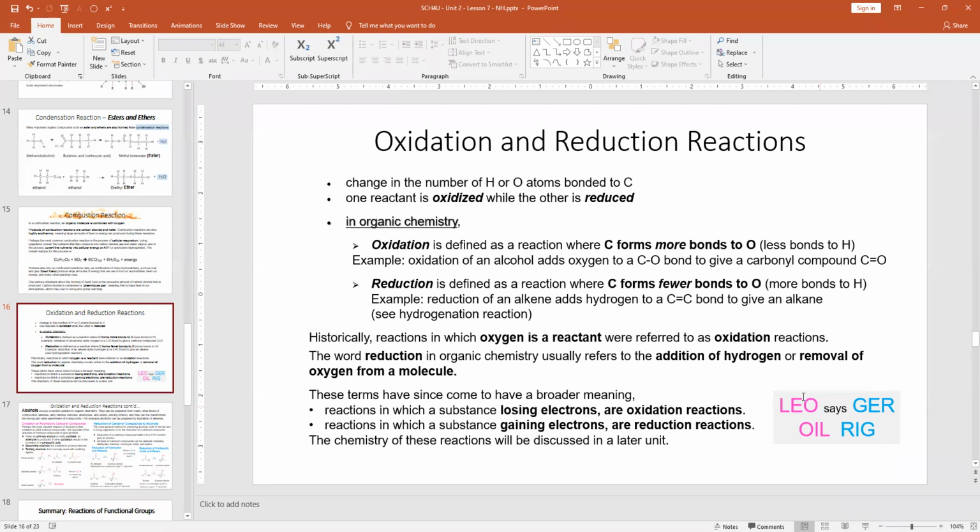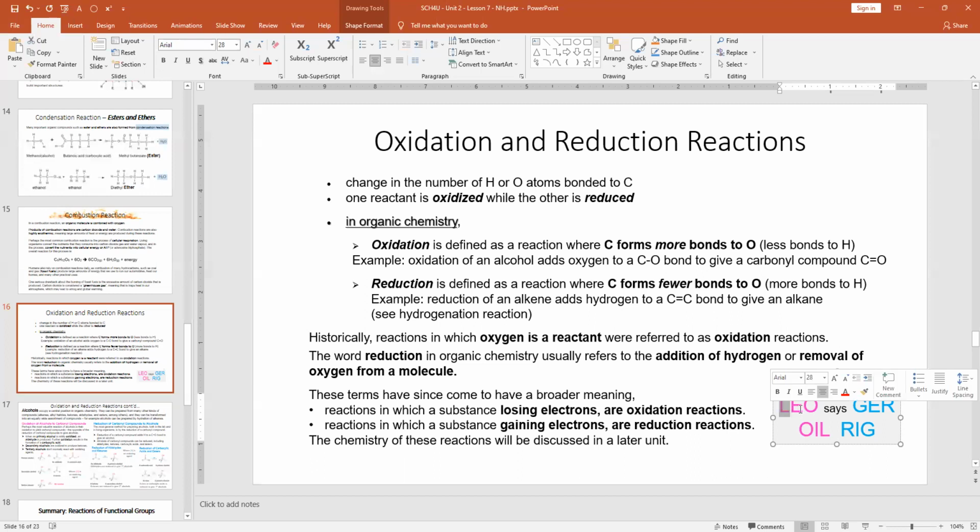And we will talk in more detail about LEO the lion says GER, or another acronym to use is OIL RIG. This just helps us remember that loss of electrons is oxidation, gain of electrons is reduction.